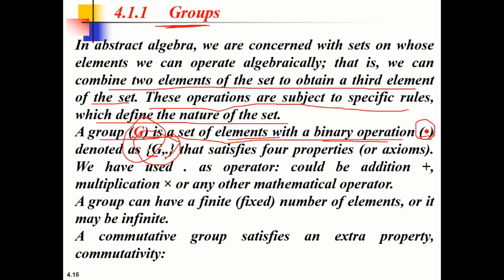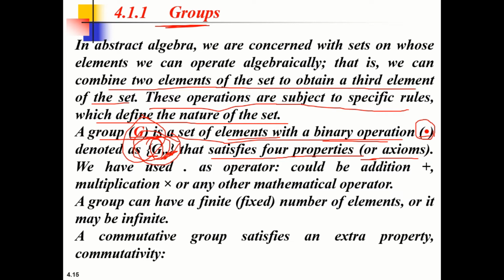When do we call this set of elements with this binary operation a group? If it satisfies four properties, which we can also call axioms. If it satisfies the four properties which we'll discuss in the next slide, then we say that this given set of elements is a group.